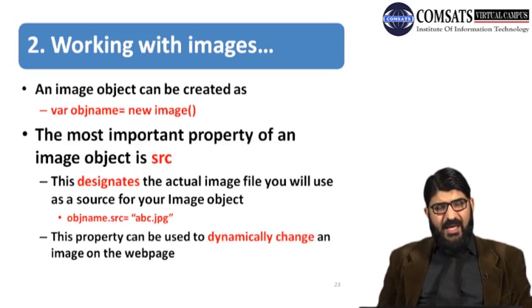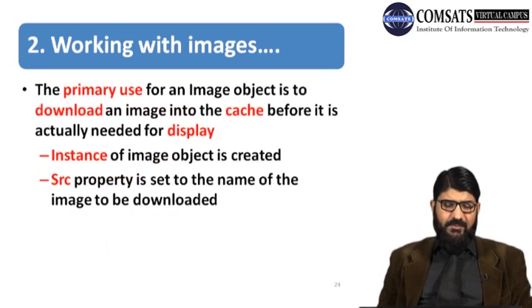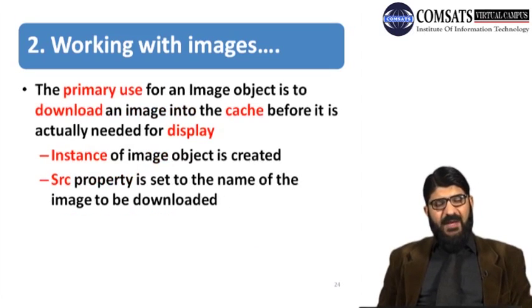This property can be used to dynamically change an image on the web page. The primary purpose of an image object is to download an image into the cache before it is actually required to be displayed.